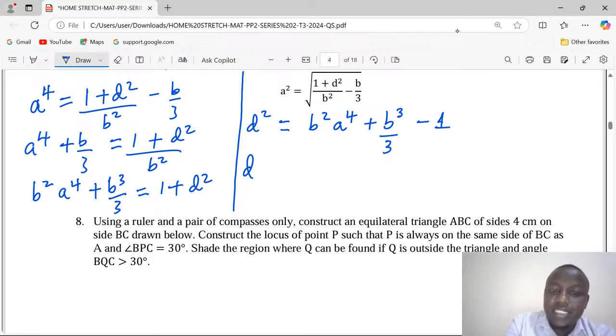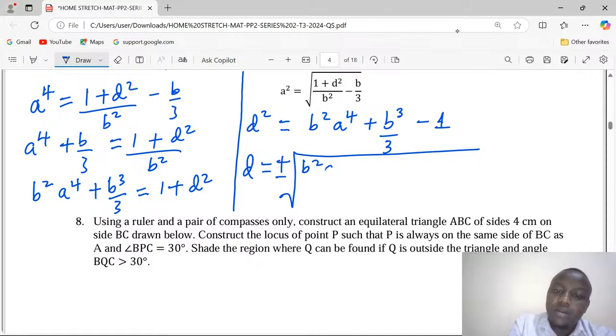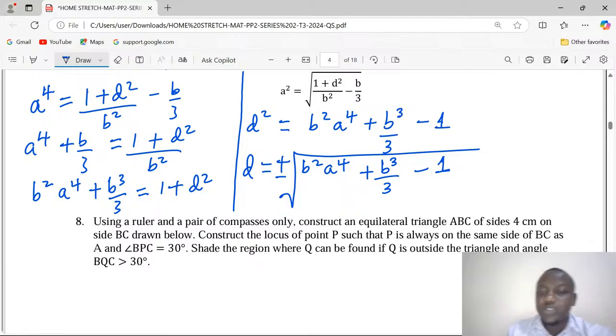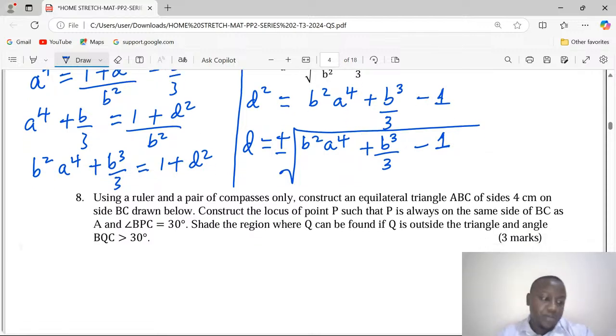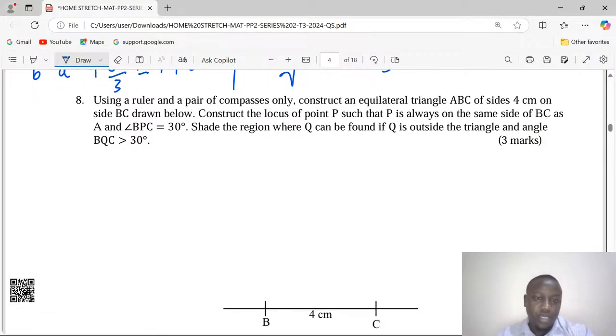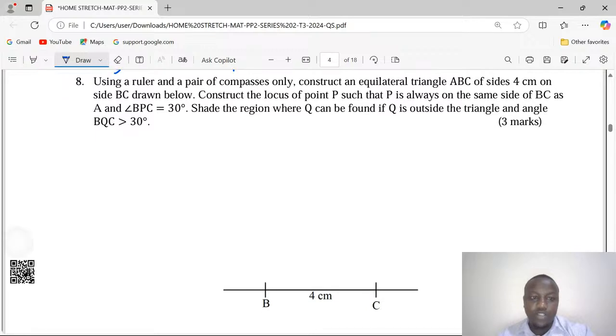So we can just say the value of d equals, we take the square root, remembering plus minus, of b squared a power 4 plus b power 3 out of 3 minus 1. That's how we do the question.